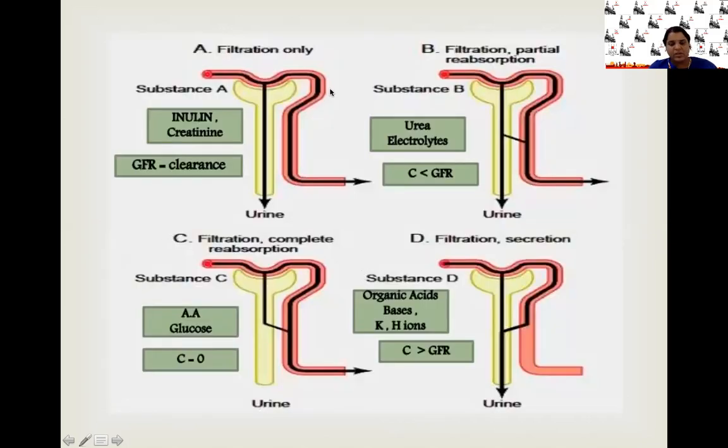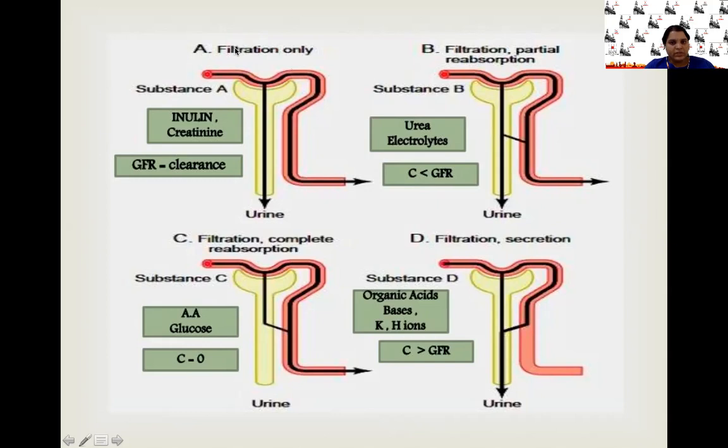Now, to understand the renal functions and to calculate the filtration rate, reabsorption rate, and secretion rate, you have to understand this particular model of the kidney. Suppose, take a substance A. This substance A is only filtered by the kidney, but it does not undergo any reabsorption or secretion.